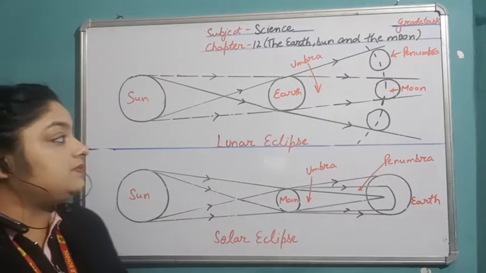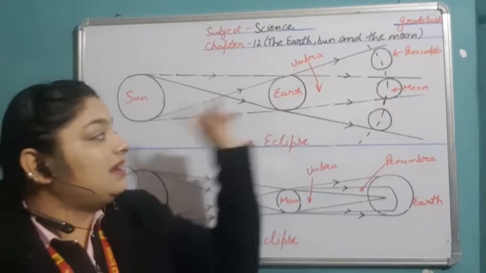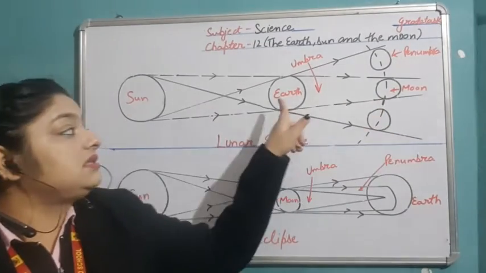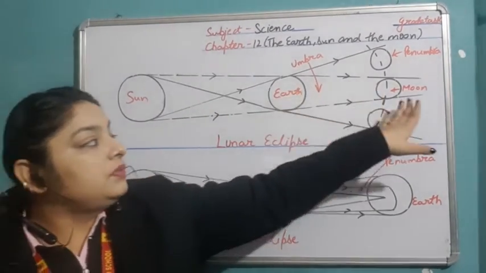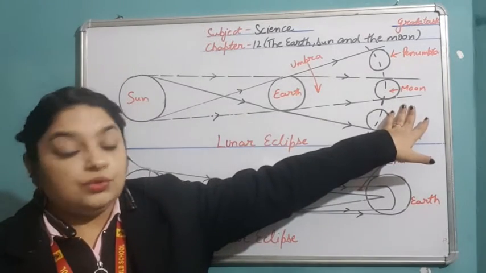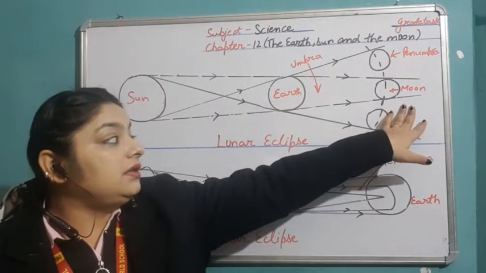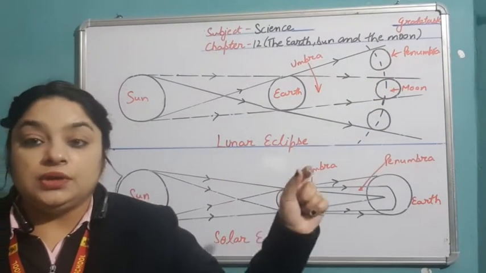Total lunar eclipse is when sun, earth and moon are in one straight line and earth is in the center of sun and moon. Then the shadow of the earth completely falls on the moon. So it is completely hidden. That is known as total lunar eclipse.